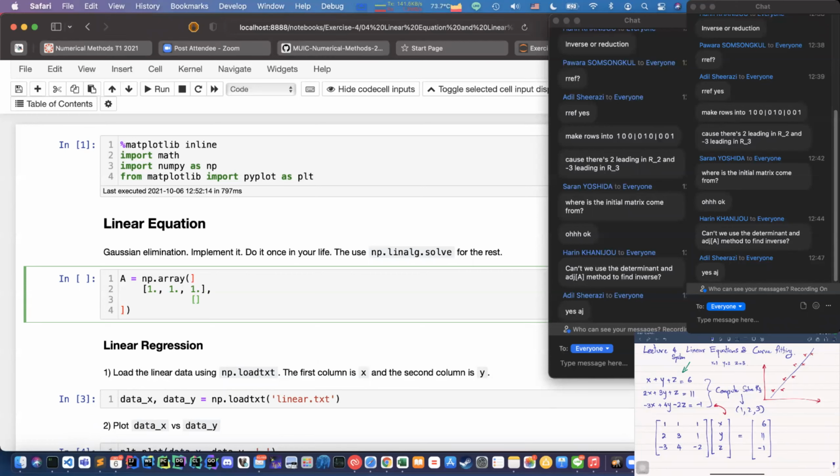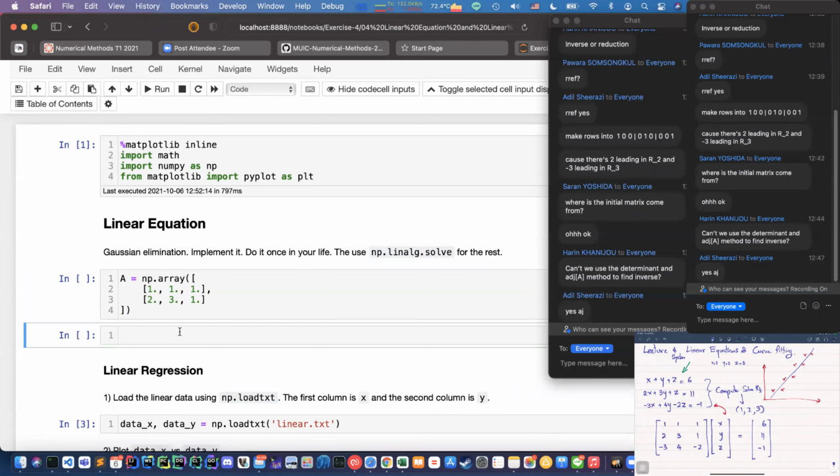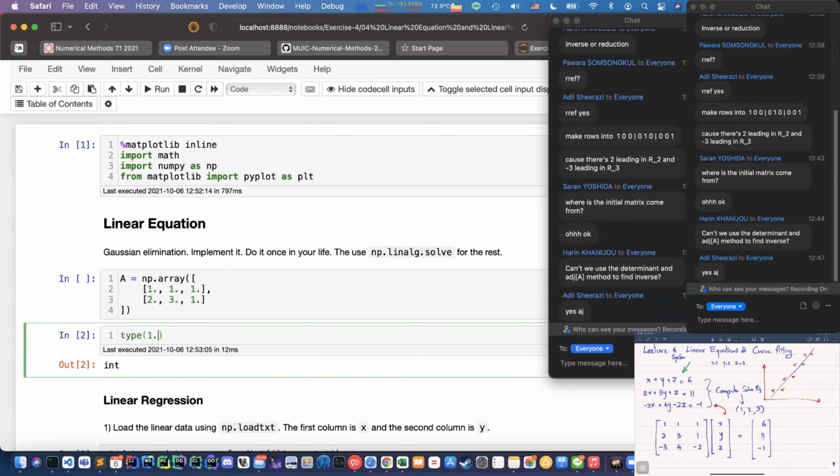And then I'm gonna write 2 dot and 3 dot, 1 dot. The dot is to tell that it's a float. So let me show you real quick. So the type of 1, that's an int, the type of 1 dot, that's a float.